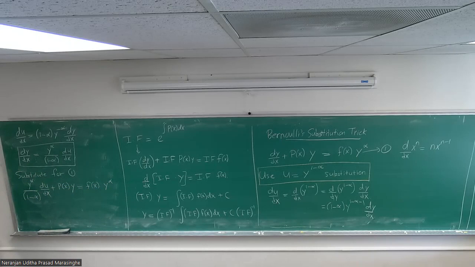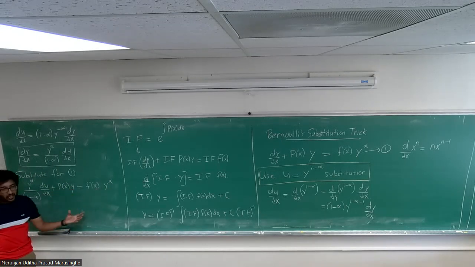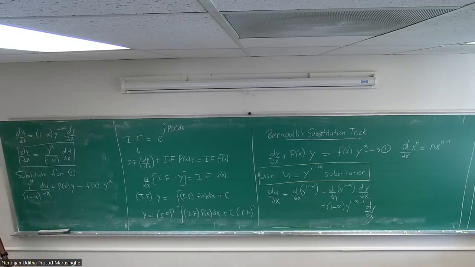Right. My next target is to remove this y and this y to the power alpha, because I would like to have a linear differential equation. So I'm going to do something like this. First, I would divide both sides by y to the power alpha. Then I have 1 divided by 1 minus alpha, du over dx here.